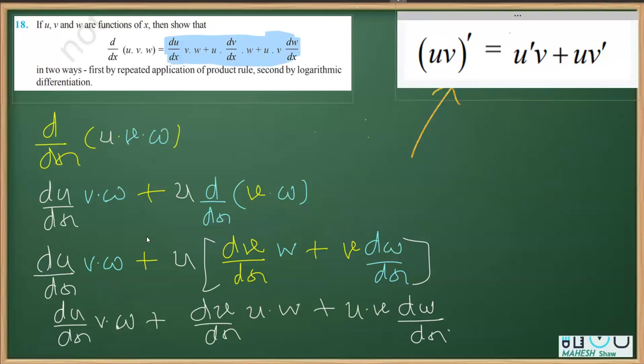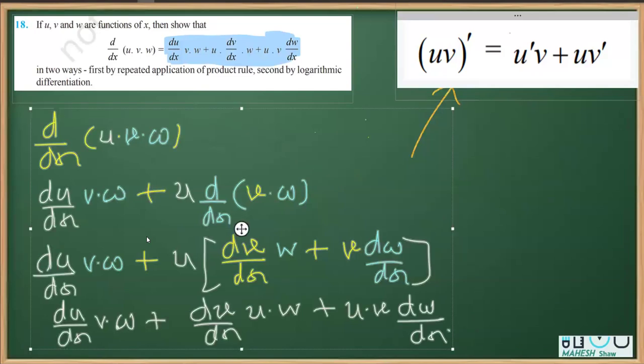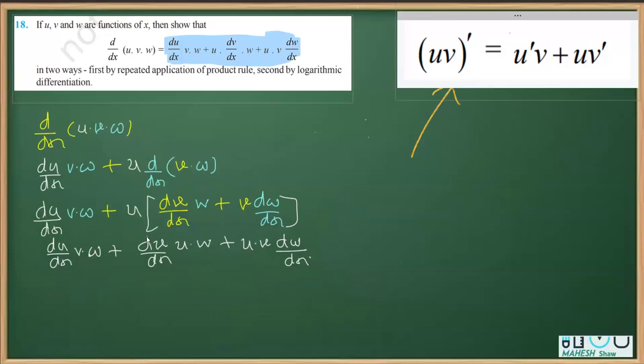This is what we have to do in the first method, by applying the repeated product rule. Now let's do the other one.